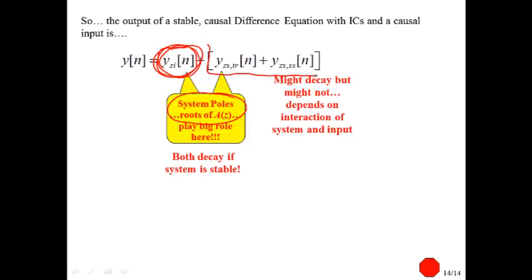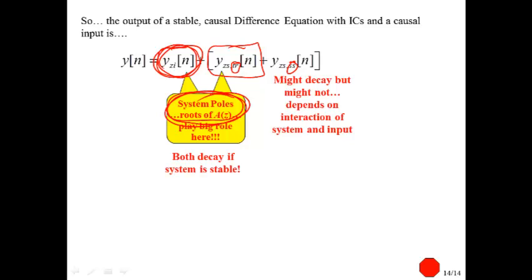The zero state solution, you can see that I'm using ZS to indicate that, has two parts: a transient part and a steady state part. The transient part is the part that comes from the behavior of the system poles. So again, those will decay if the system is stable.